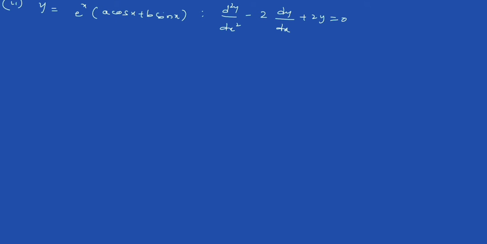So the solution, that is the first one, is y equals a e to the power of x plus b into e to the power of minus x plus x square, as given here.